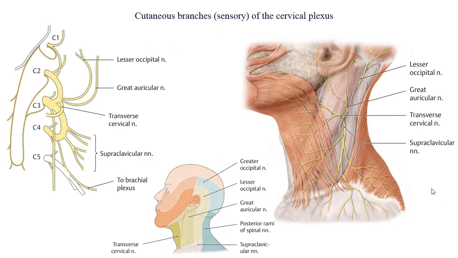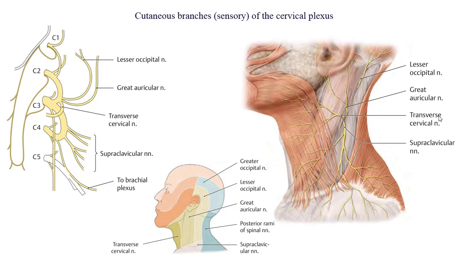Here we can see the lesser occipital nerve, which is the uppermost of the sensory or cutaneous branches of the cervical plexus. It is formed from the loop of the ventral rami of the second cervical nerve, and it passes upwards at the posterior margin of the sternocleidomastoid. The lesser occipital nerve supplies the skin of the neck and the scalp posterior to the auricle of the ear.